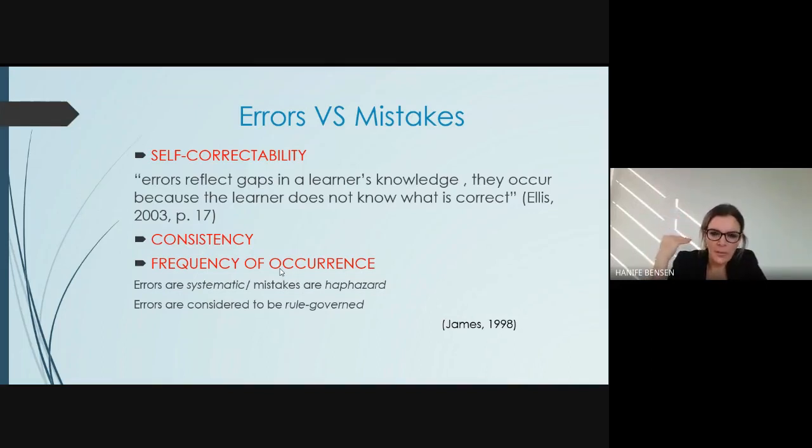And students that committed errors were actually perceived by teachers as either half-witted or lazy. Now, with the emergence of error analysis, the importance of errors came to the fore. So the question we are dealing with is, why are errors significant?